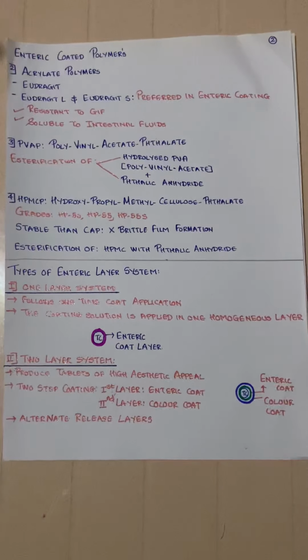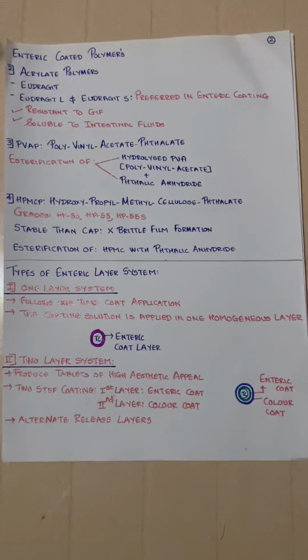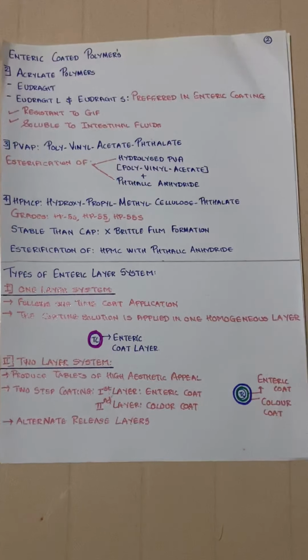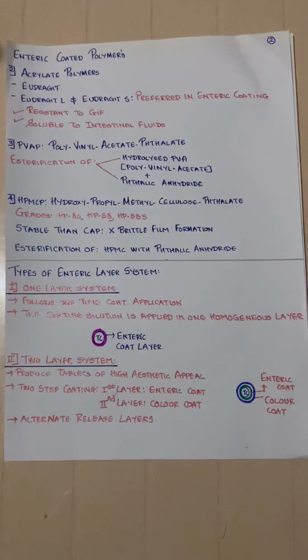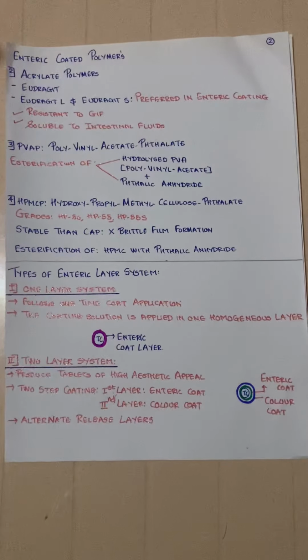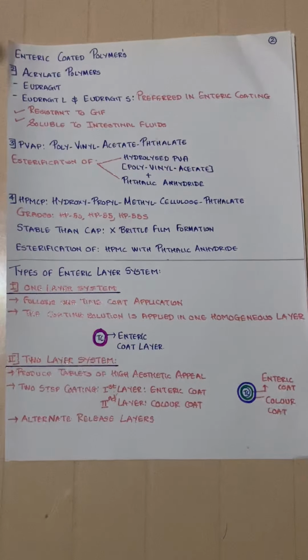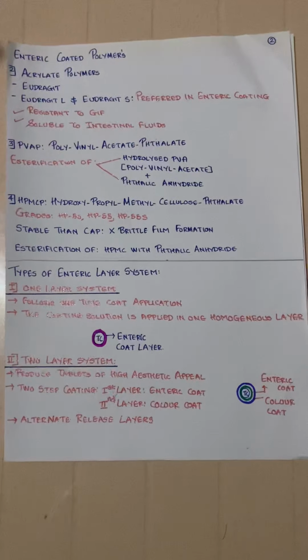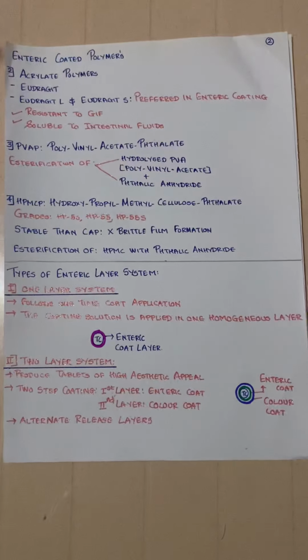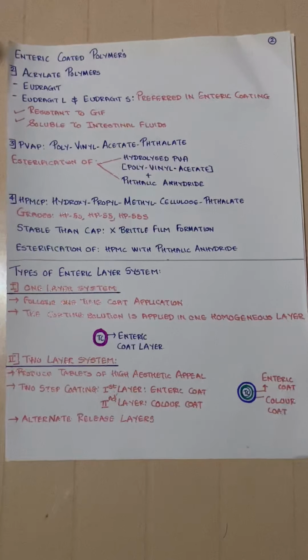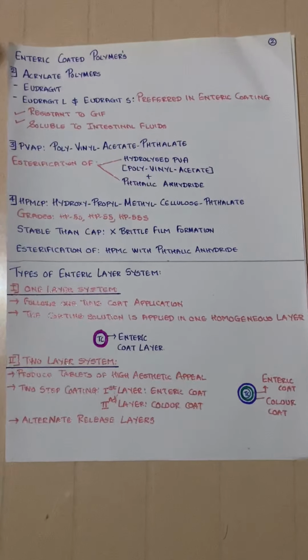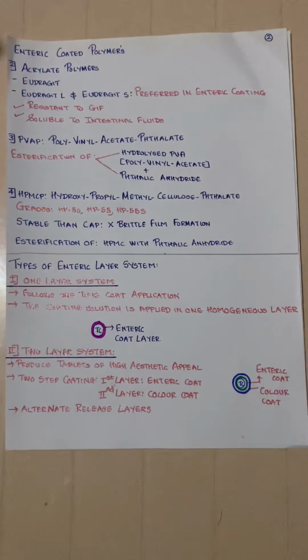Enteric coated tablets can be produced by two different methods. Either one is followed, and they are classified as one layer system and two layer system. From the word, one layer system indicates that only one layer is formed over the tablet surface.